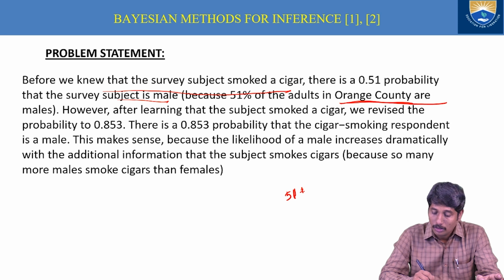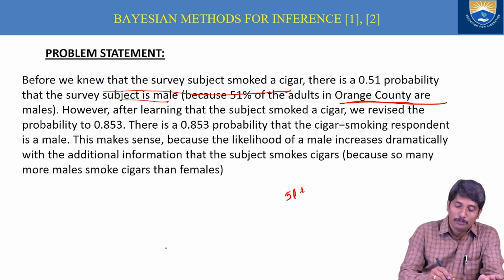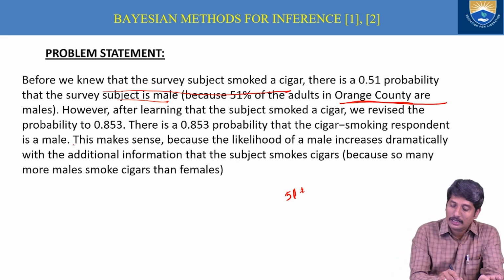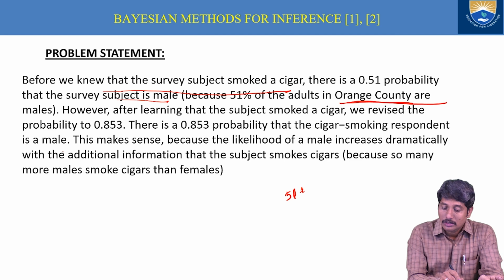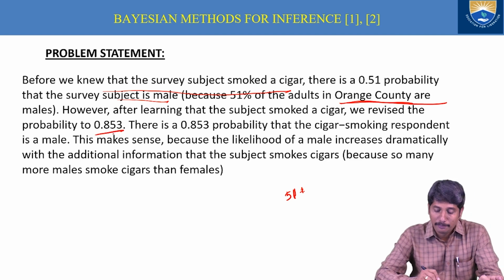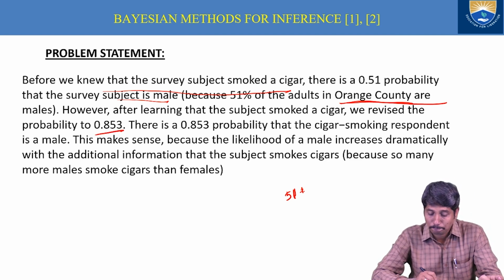Now the revised probability that a subject who has smoked a cigar is male is 85%.